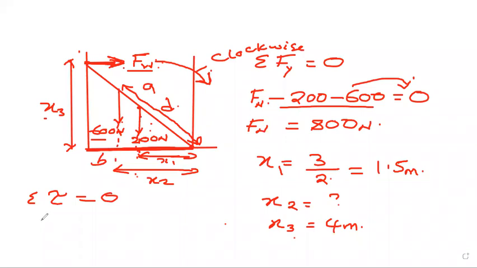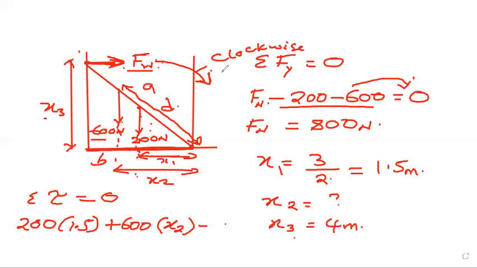Here we have the torque caused by the 200 Newton weight multiplied by x1, which is 1.5, plus 600 Newton multiplied by x2, which we don't know, then minus the wall force.